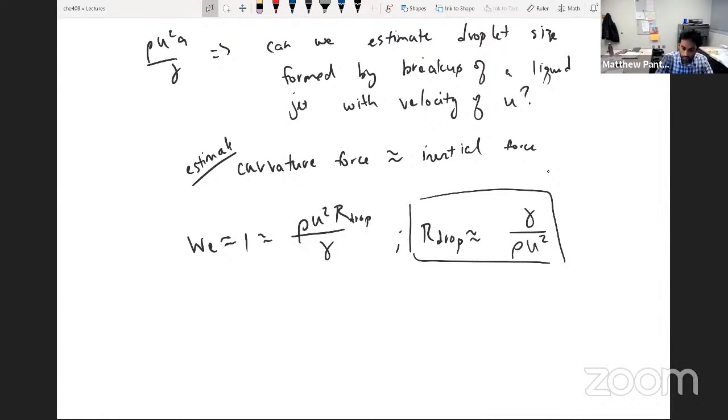Okay, so this means that when we are trying to understand, for example, when a person sneezes, how big are those droplets? How big should we expect them to be?